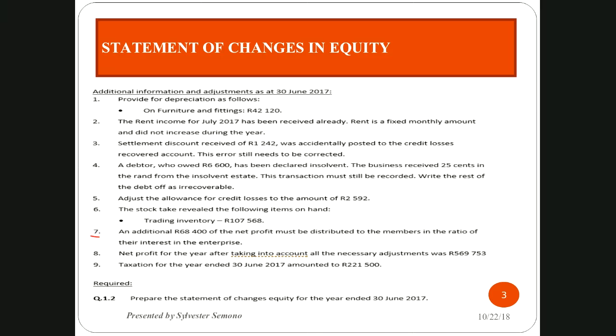This is the additional 68,400 that must be distributed to members. So apart from the distribution that I said you must highlight from the balance, we do have an additional 68,400. Again, I want you to note this 68,400 because it's going to affect the distribution to members.